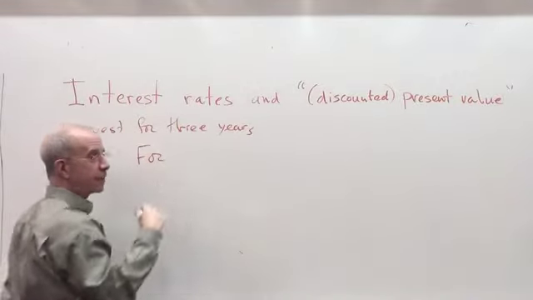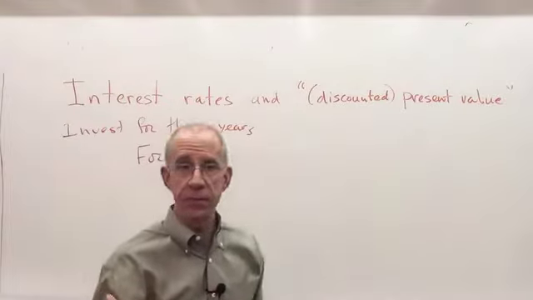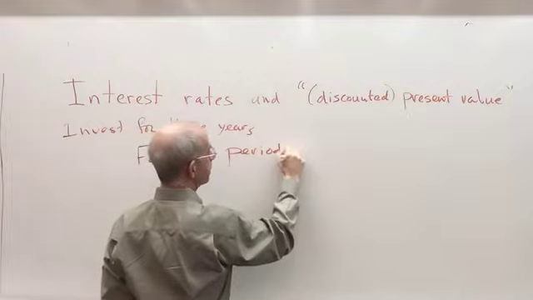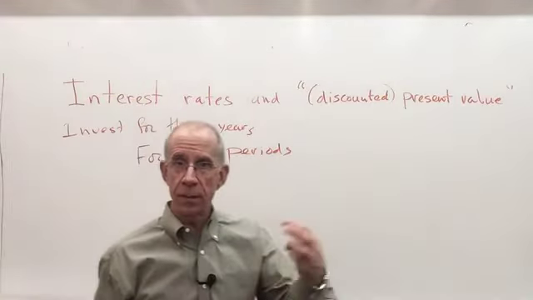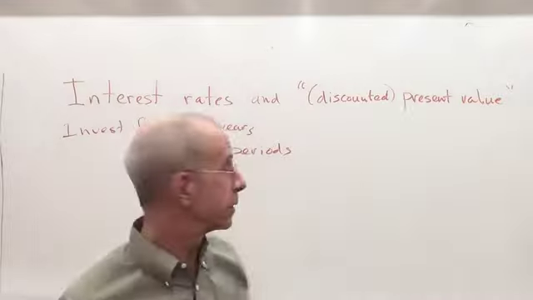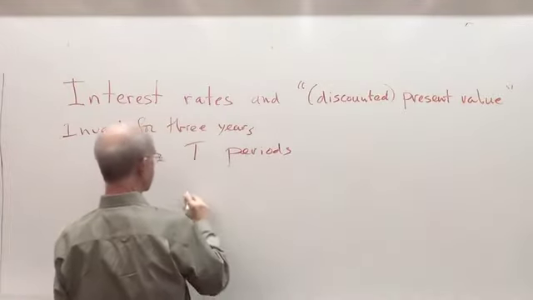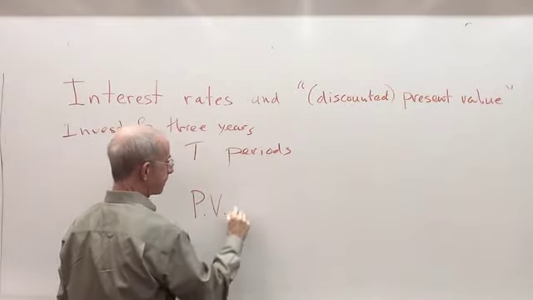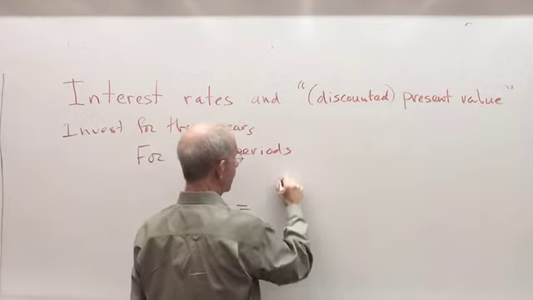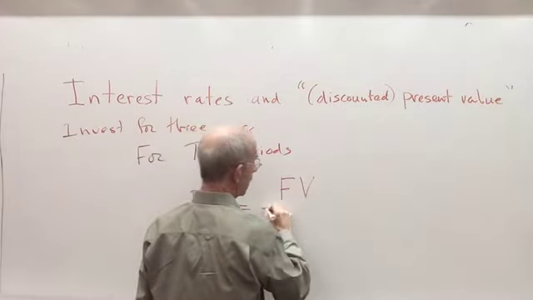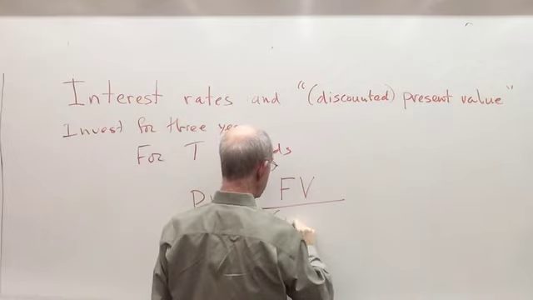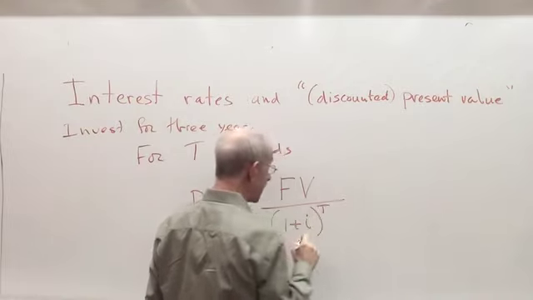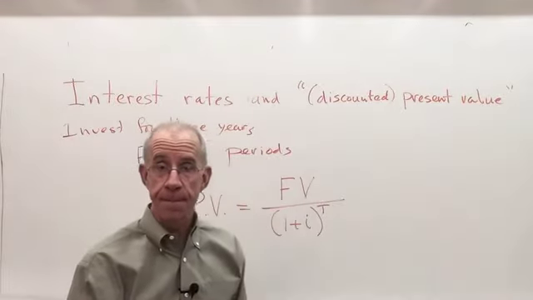Now, even more generally, if we looked at some arbitrary number of periods, call it T periods, and that could be 1 or 2 or 3 or 10 or whatever years, then the present value of some future value is going to be the future value divided by 1 plus the interest rate raised to the t power.